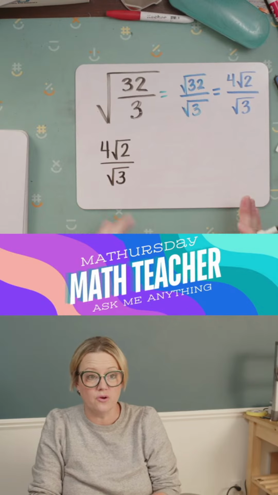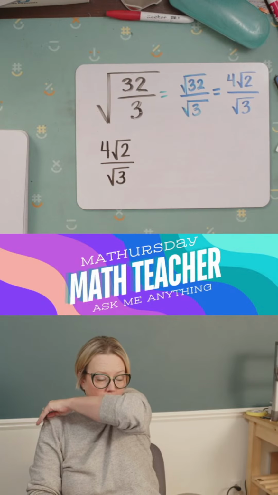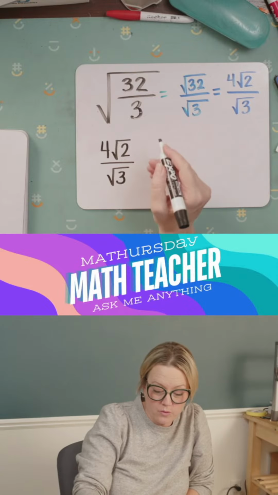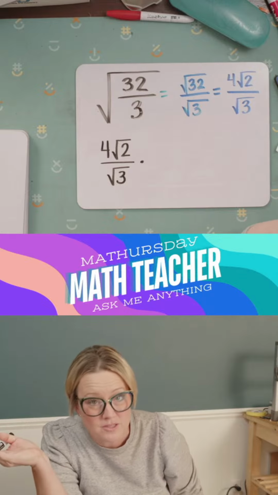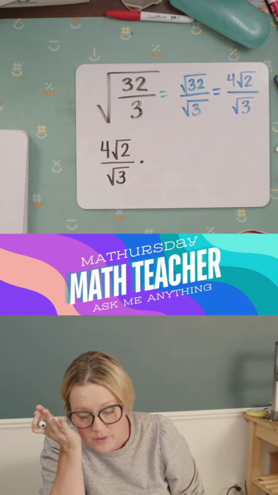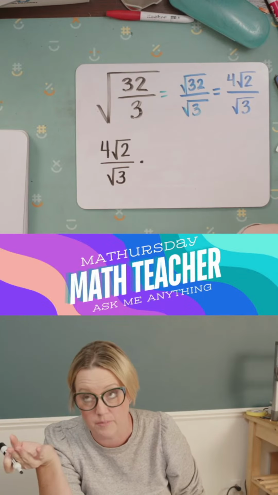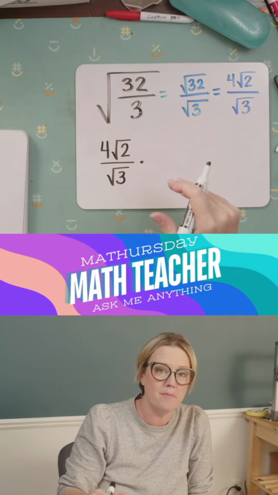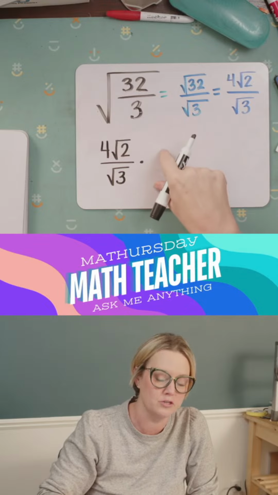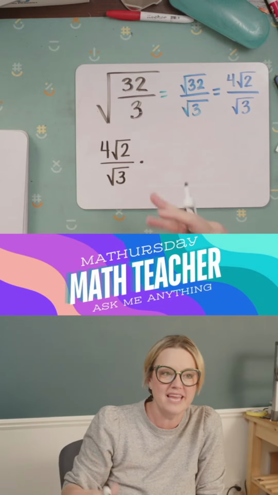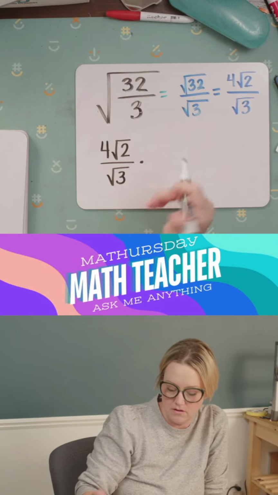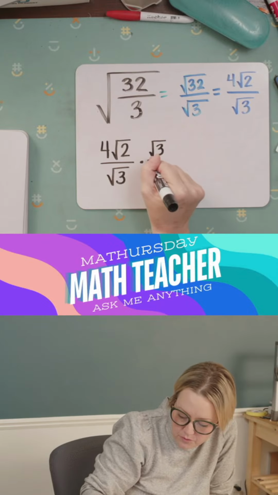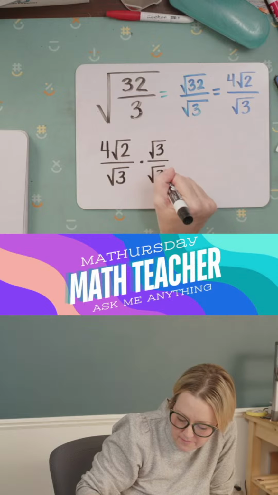What I can do is multiply by 1, because multiplying by 1 keeps things the same. That's the multiplicative property of equality. But in this case, I'm going to multiply by a version of 1 that helps get rid of that radical. So I'm going to multiply by root 3 over root 3.